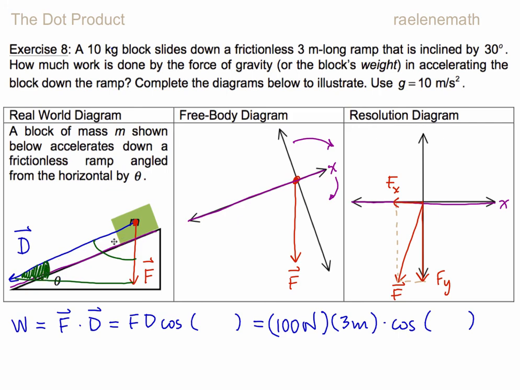The angle that we want is the complementary angle, and so it's going to be pi by 2 minus theta in this particular example. Theta is 30 degrees, and so 90 degrees minus 30 degrees is 60 degrees. And so we have 300 multiplied by the cosine of 60 degrees, which is 1/2, which gives us 150 joules, is the work done in this particular example.